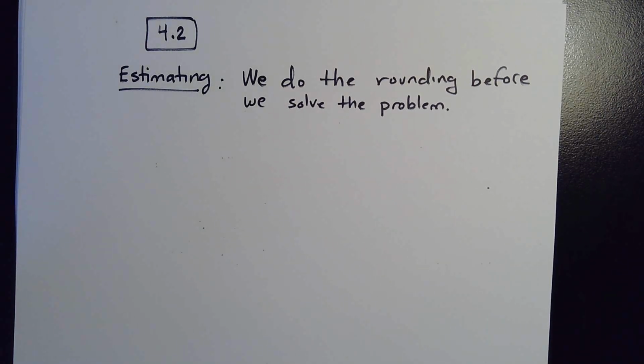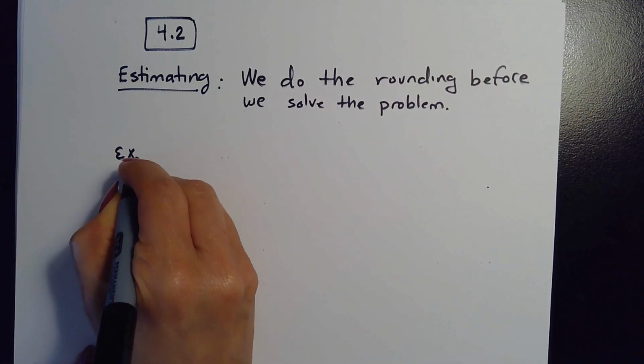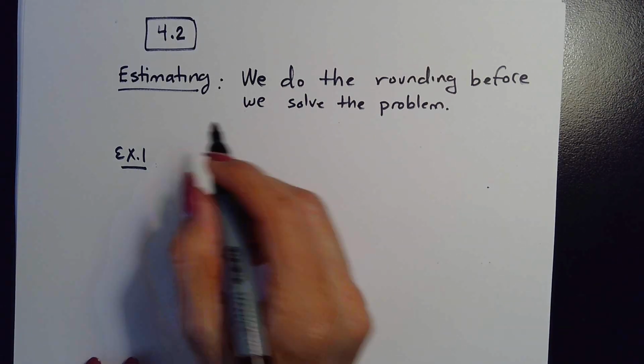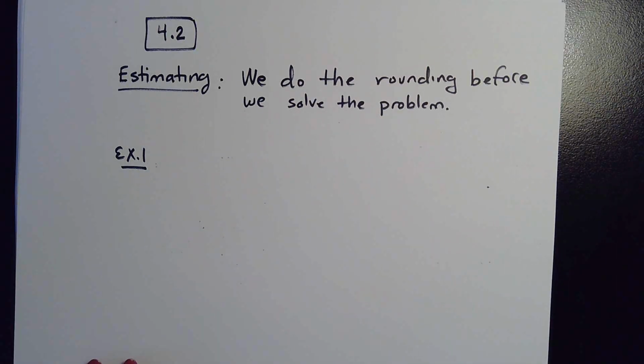So let's try some examples here. Example number 1 does not tell us what to round to, but let's round each number to the nearest 100 and then add. So let me give you the instructions.